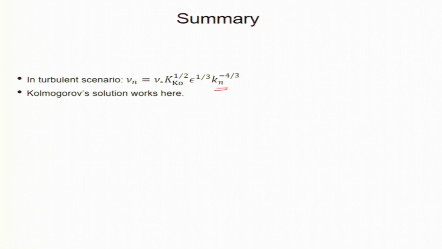So, summary for RG is that in the turbulent scenario nu n is a function of k, which is kn to the minus 4/3, and nu star is roughly 0.5. Kolmogorov solution works here. Well, I did not say that Kolmogorov solution is a unique solution, but I said it is one of the solutions.